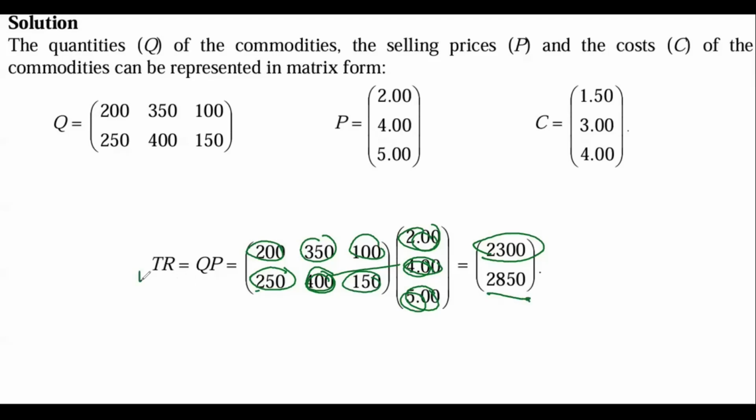So that's your revenue, right? Revenue is the quantity of stuff you sell times the selling price, right? That's what this is. You multiply this by this. That's your revenue. That's all the money you're going to get, right? Branch 1 is going to gross 2,300.